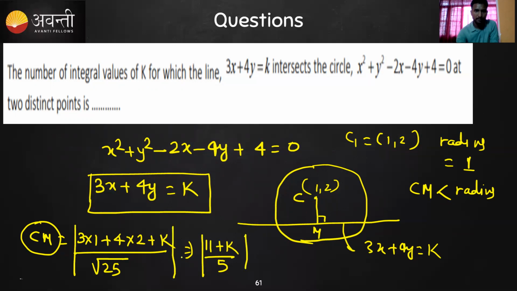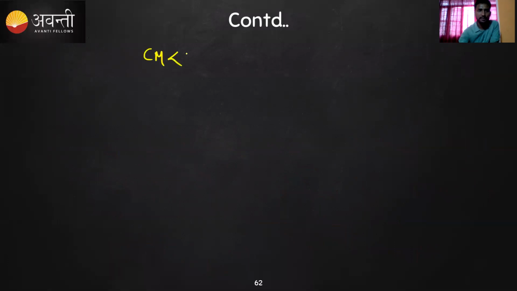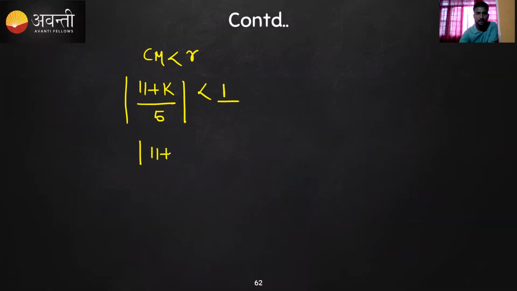We have to take mod value because distance is always positive. So from here, this CM value will always be less than the radius, and it is nothing but mod of 11 plus k divided by 5 is less than 1. Okay, so from here you can write, this is less than 5.